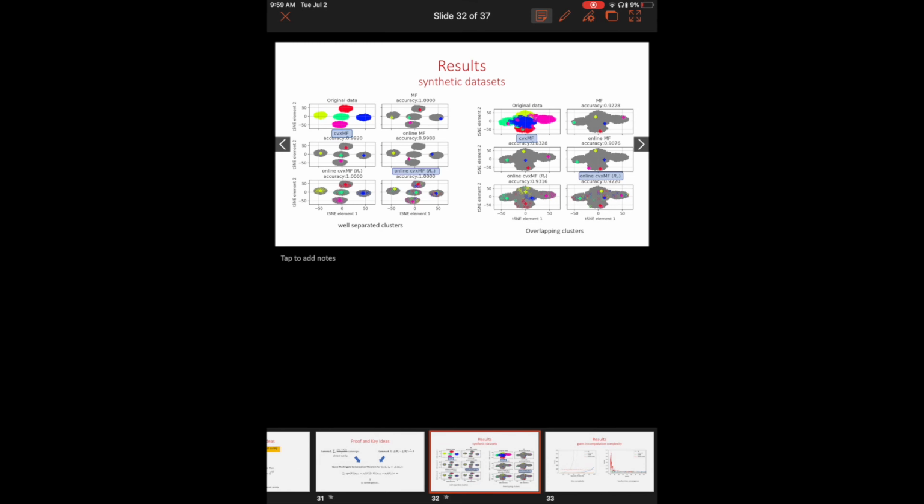Here we show the performance of our online convex matrix factorization algorithm. It performs as well as the convex matrix factorization approach, but it works in an online manner and takes less computational power.